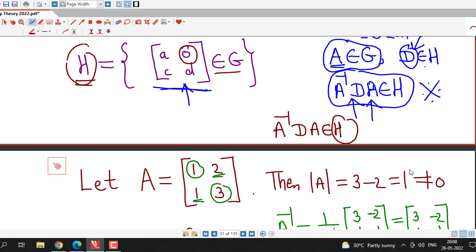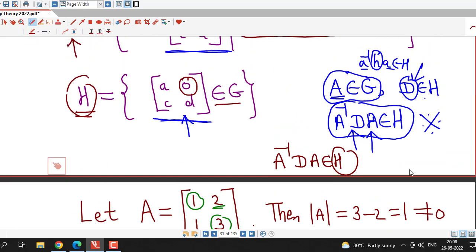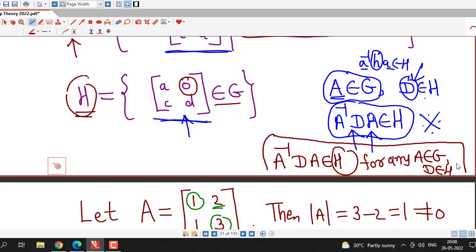If you want to prove that H is a normal subgroup, you have to prove this condition: A inverse D A belongs to H for any element of group G and for any element of subgroup H. But if you want to disprove that H is a normal subgroup, then you have to find particular matrices.